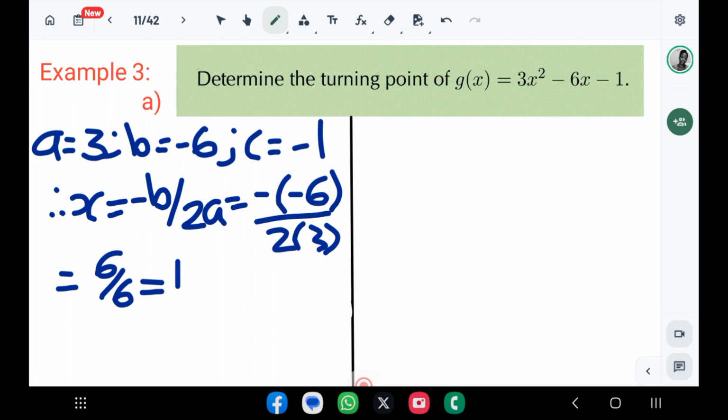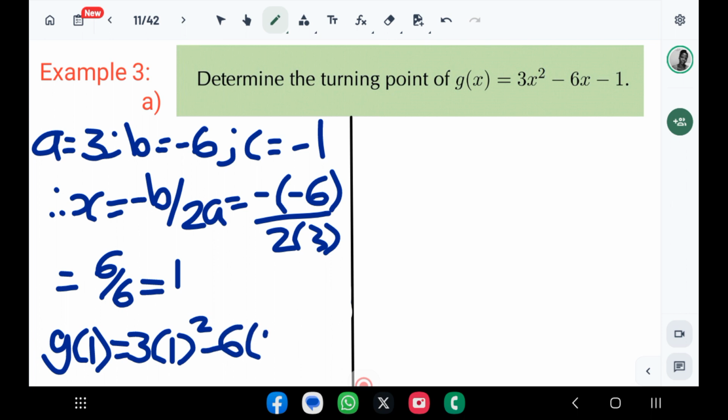Now, to find the y coordinate, we find g of 1. Substitute that 1 back into the equation, so that's 3 in bracket 1 all squared, minus 6 times 1, minus 1. So that is 3 minus 6 minus 1.